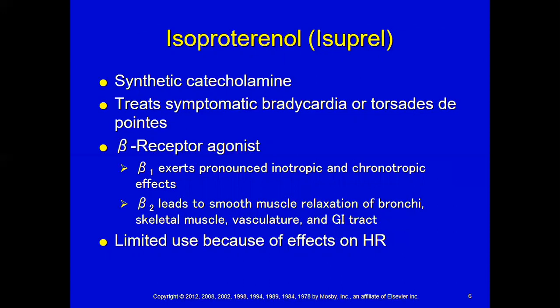And then beta 2, it's actually going to be a smooth muscle relaxer. So my bronchi are going to relax, my skeletal muscle are going to relax, my vasculature will relax. Okay. We're very careful on this because of the heart rate. So if I've had somebody who's got some unstable bradycardia and I give them isoprel and I push their heart rate up too high, we can have some issues.